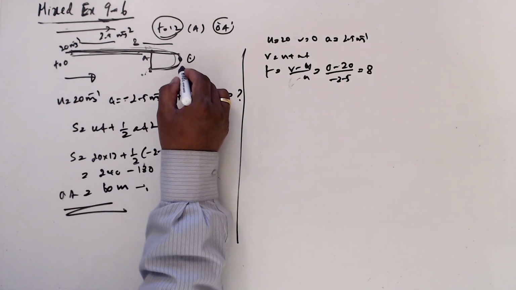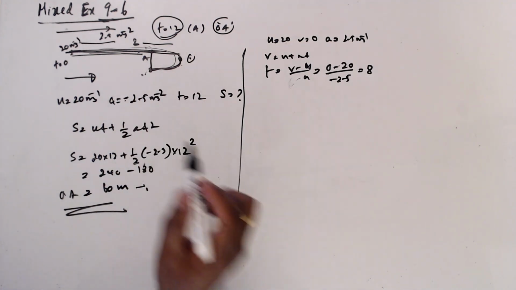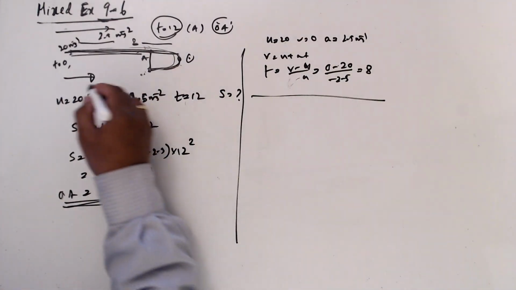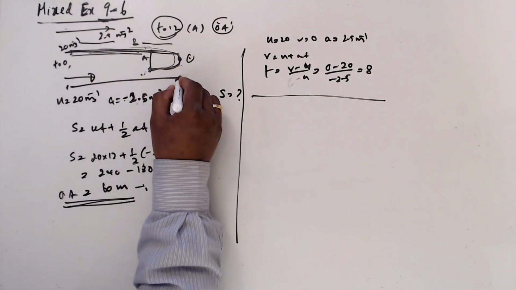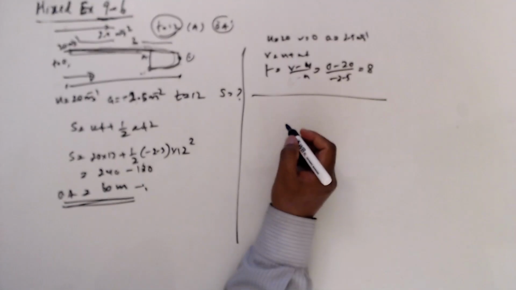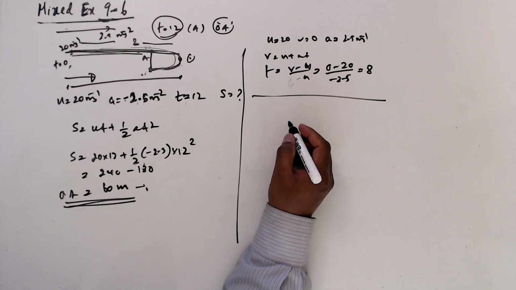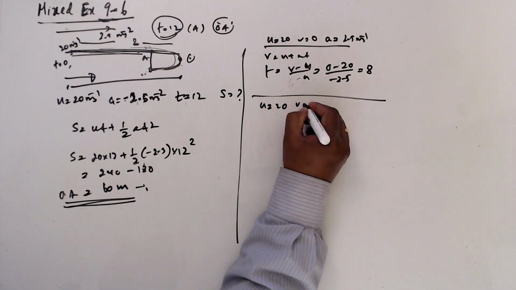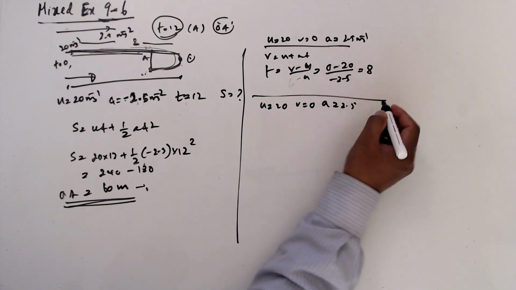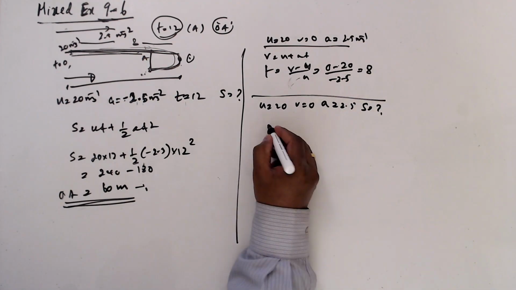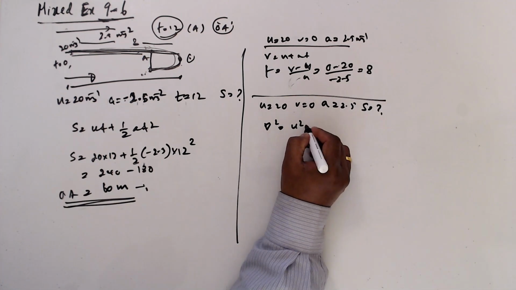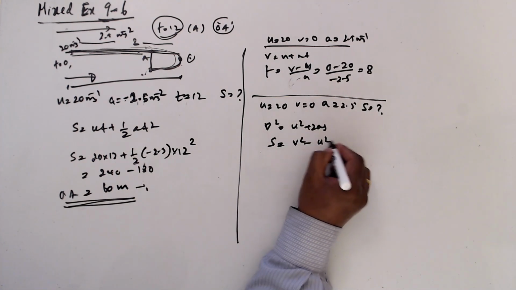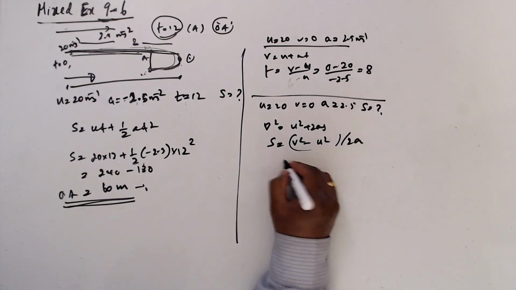It means it has this other turn as well, because 12 seconds is more than 8. Now we'll find the total distance from this journey, then we can find the total travel distance for this one. u equals 20, v equals 0, a equals minus 2.5. So we need to find s. v squared equals u squared plus 2as. So s equals (v squared minus u squared) divided by 2a.